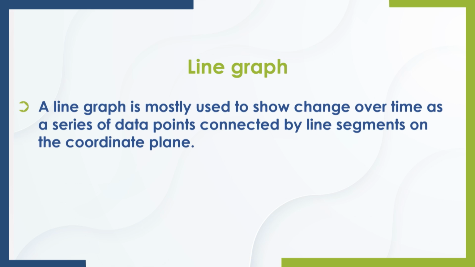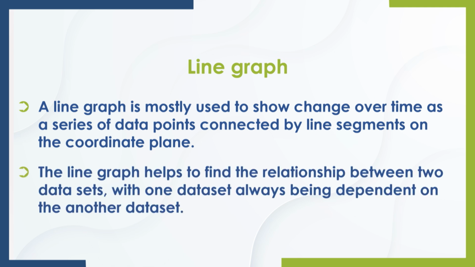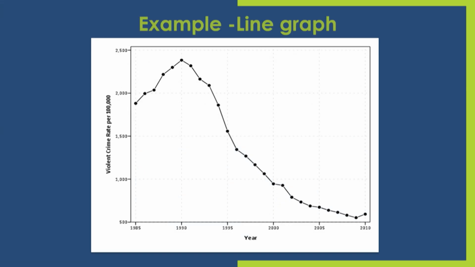Line graph. A line graph is mostly used to show change over time as a series of data points connected by line segments on the coordinate plane. The line graph helps to find the relationship between two data sets, with one data set always being dependent on the other data set. Here is an example of a line graph.